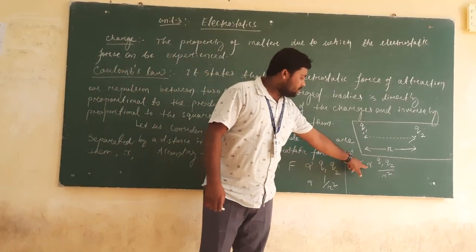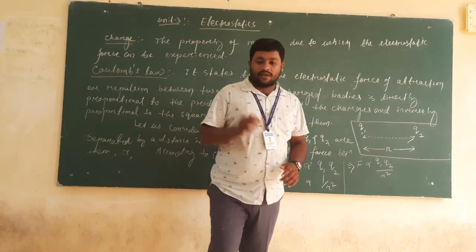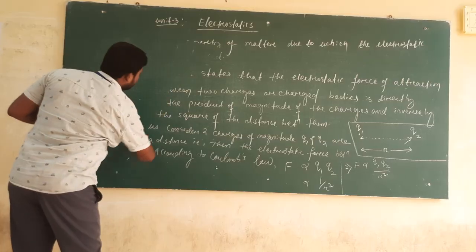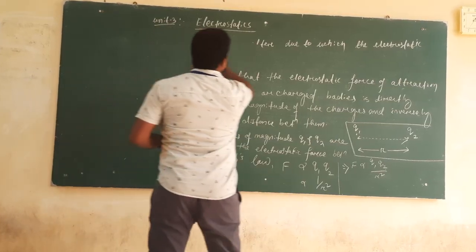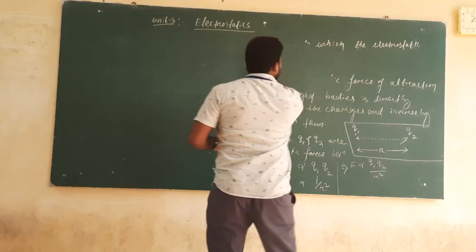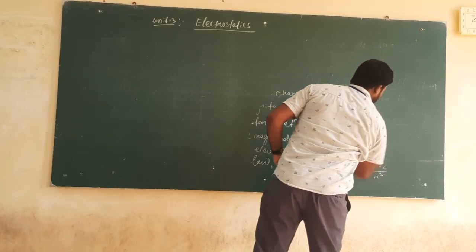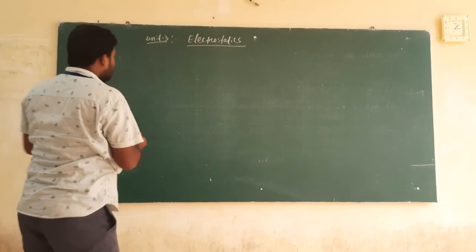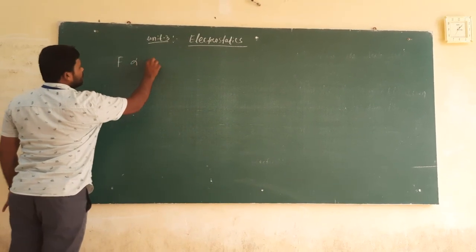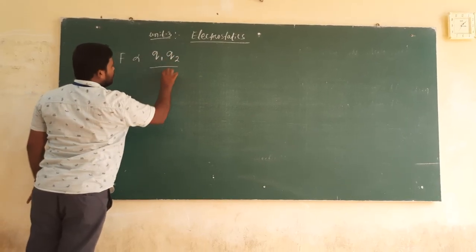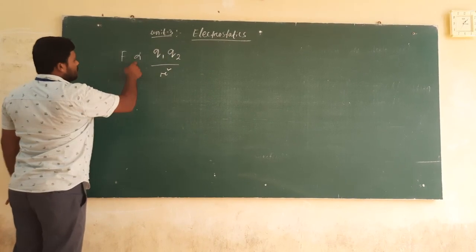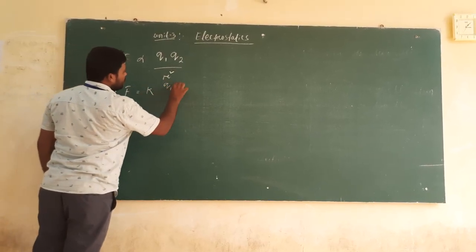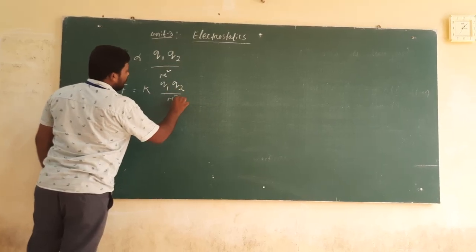So we got this expression: F is proportional to Q1 Q2 by r square. So it can be written as F is equal to k Q1 Q2 by r square.